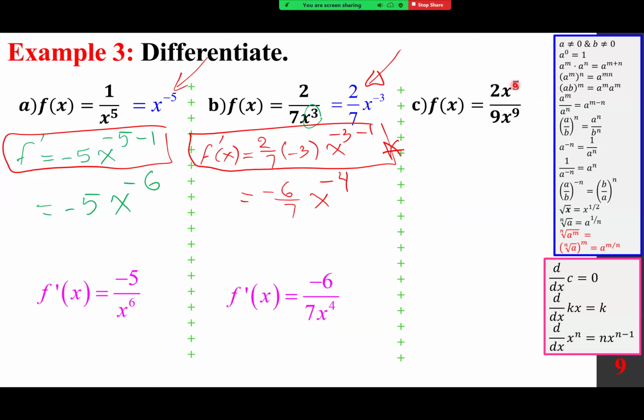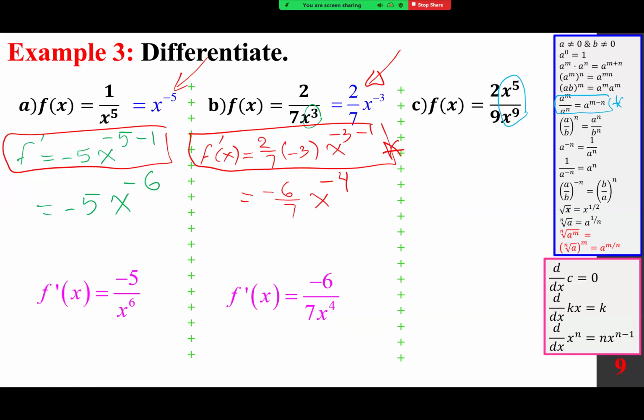To do this, we are going to go with algebra again, which means this is x to the power of 5 divided by x to the power of n.